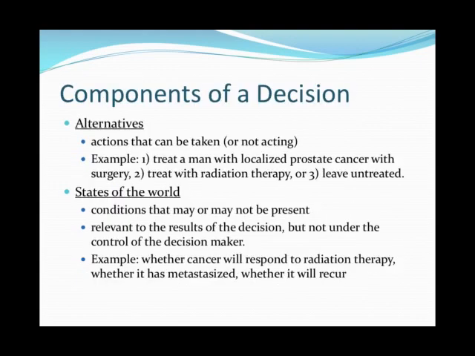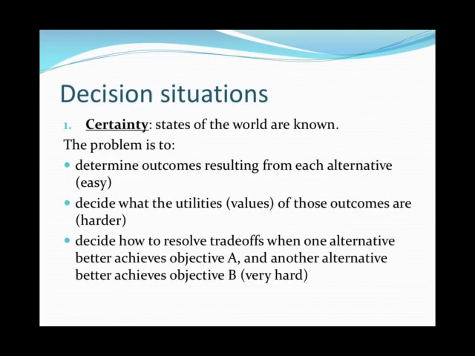We know whether the cancer will respond to radiation, or whether it has metastasized, or whether it will recur. If we already know that, then we'll make a decision based on this information. If we know the states of the world, it's very easy to determine the outcome. If we know that the cancer will respond to radiation, that's the outcome.